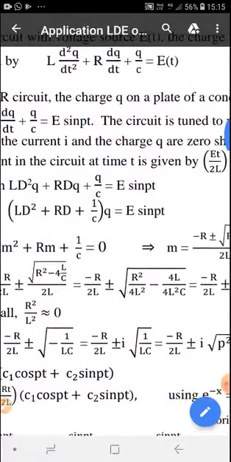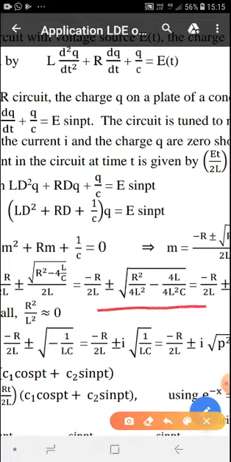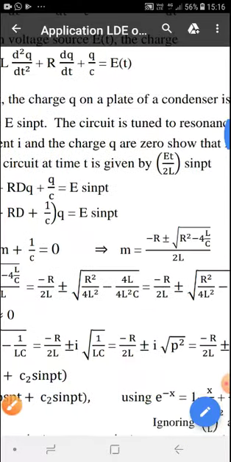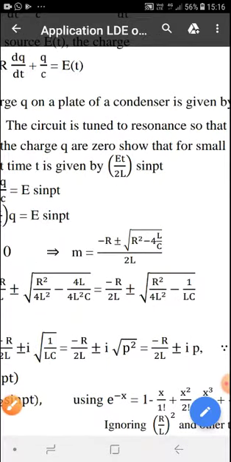So taking it inside the square root symbol, you can write it as minus R by 2L plus or minus root of R square by 4L square minus 4L divided by 4L square into C, which will be further equal to minus R by 2L plus or minus root of R square by 4L square minus, the next term 4L cancels, so 1 by LC.